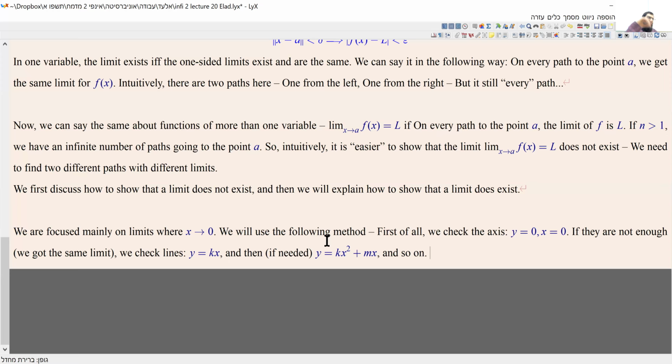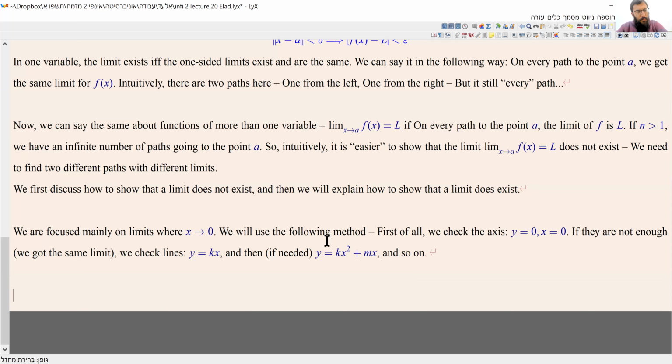Of course, after I do my examples, I can show you how one can generate an example where every path, y is 0, y is x, y is x squared, y is x cubed, gives you the same limit, and only y equals x to the power of 2026 gives you a different limit. And I can show you how to do it, but talking about the practical method, that's how we roll.